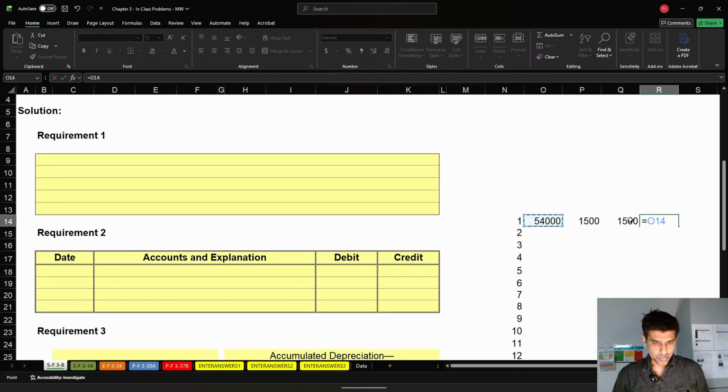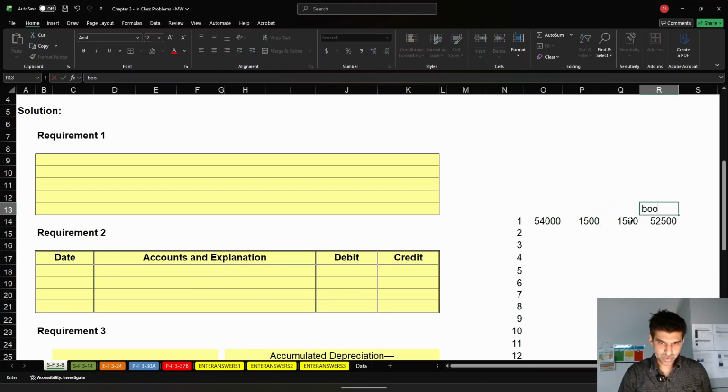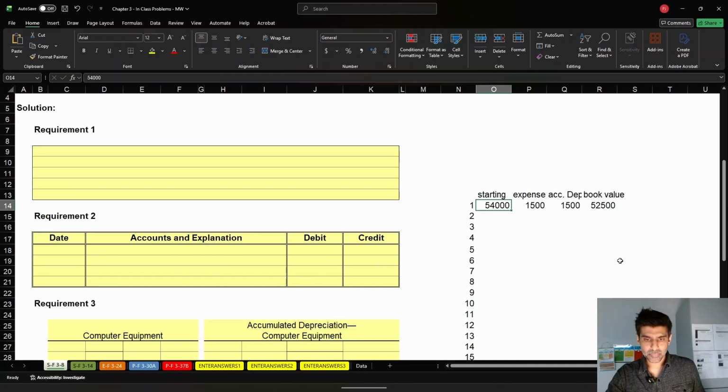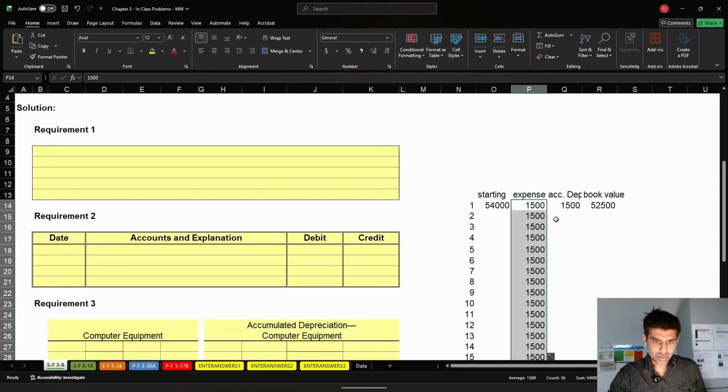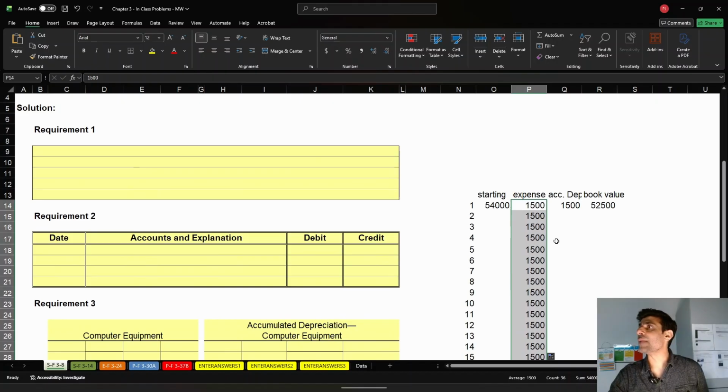This is my book value. This is accumulated depreciation. This is my expense. And this is my starting, let's just say. Now this is my expense every month, right? It's the same. It's a straight line method.